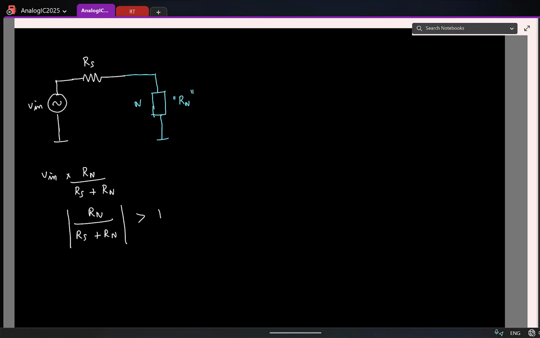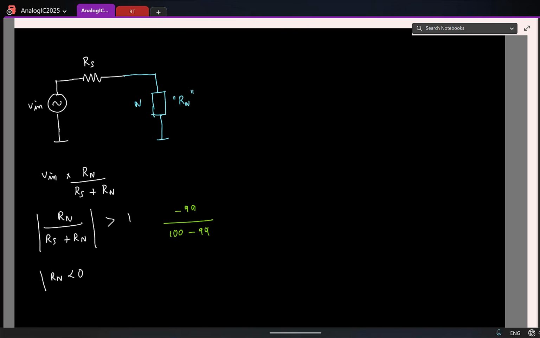For example, let us say Rs is 100 ohms, and I choose Rn to be minus 99 ohms. I get a gain of 99. So if I have a negative resistance, my problem is solved.